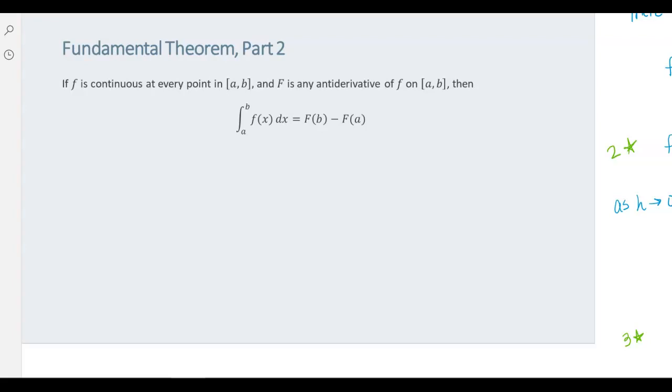All right, so part one tells us that an antiderivative of f exists.